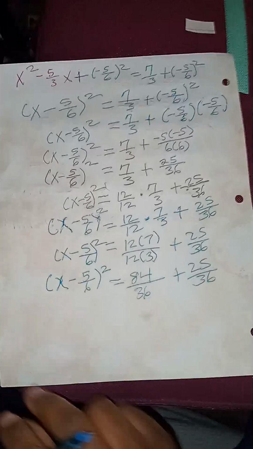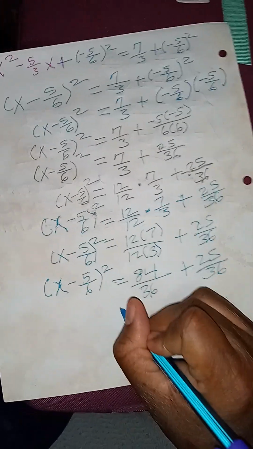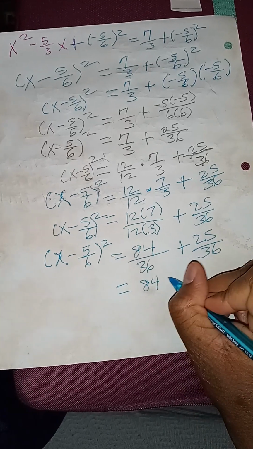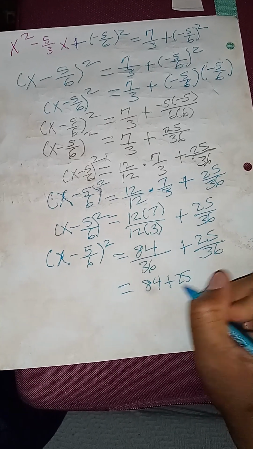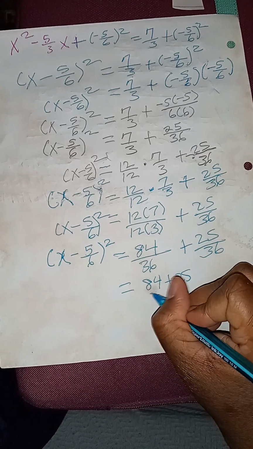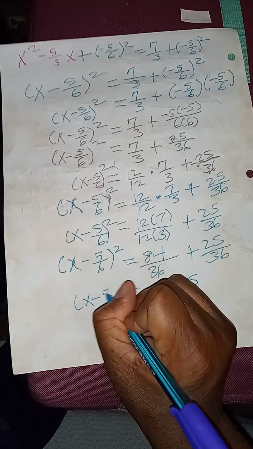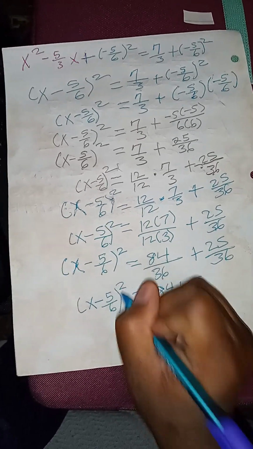And now we have the same denominator, so we can combine. So 84 plus 25 over 36 is set equal to (x - 5)/6 squared.